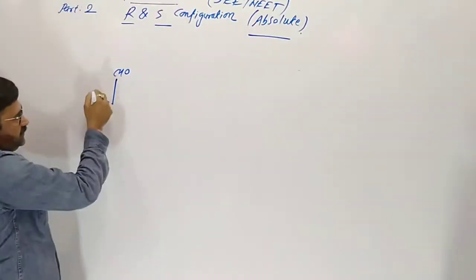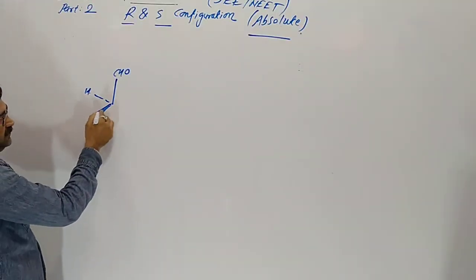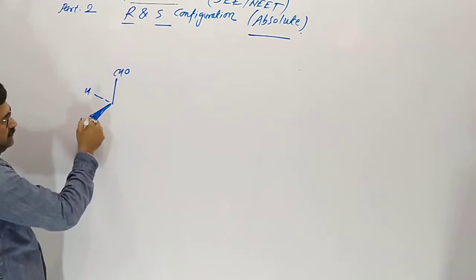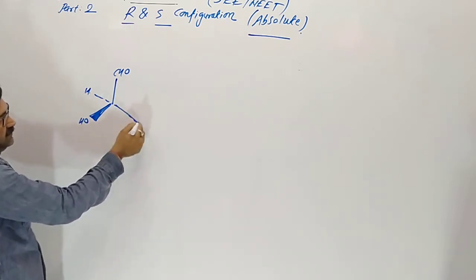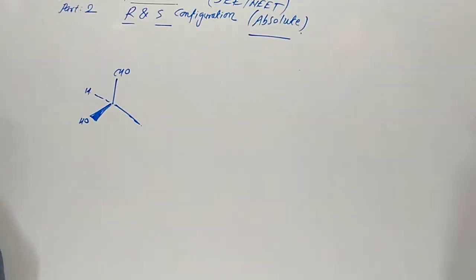Now another one: CHO, here is H, OH and CH2OH. Tell me. Here carbon with the OH, so 8-1. Written OH, but 8-1 from here.